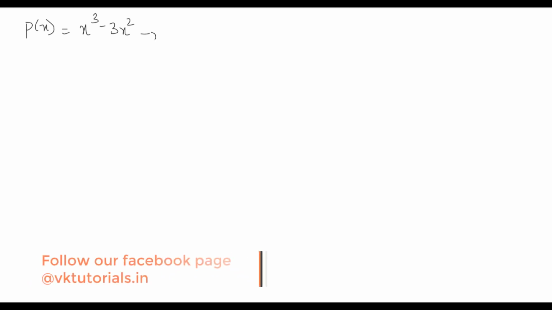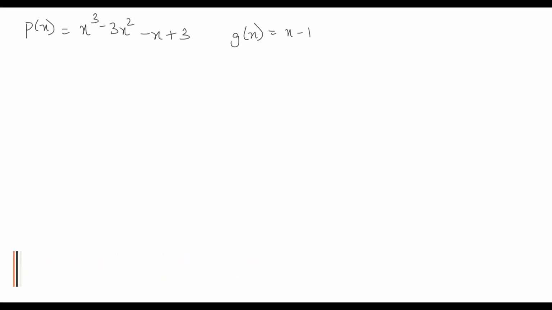Now let us take an example of a polynomial sum and prove the division algorithm. Here p of x is x cube minus 3x square minus x plus 3 and g of x is given as x minus 1.